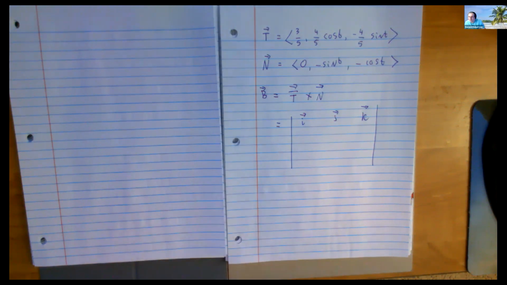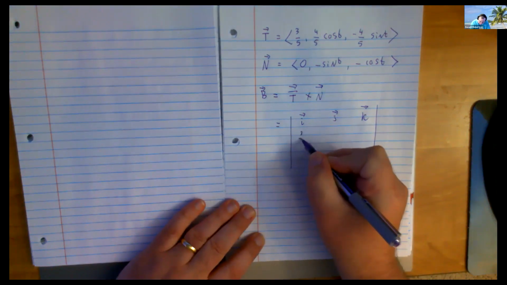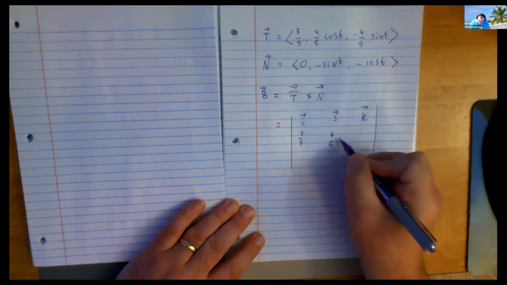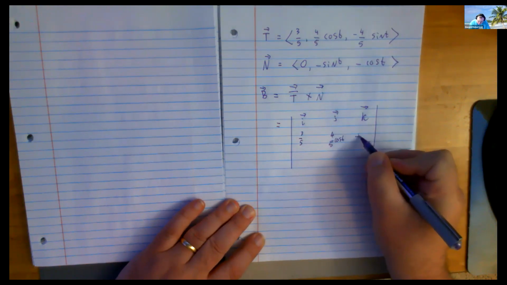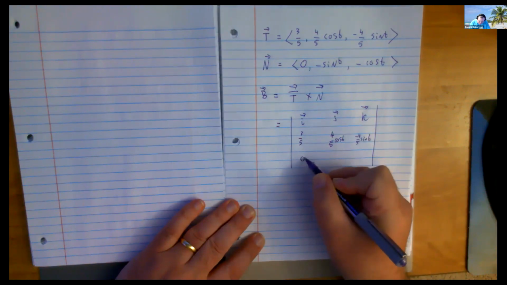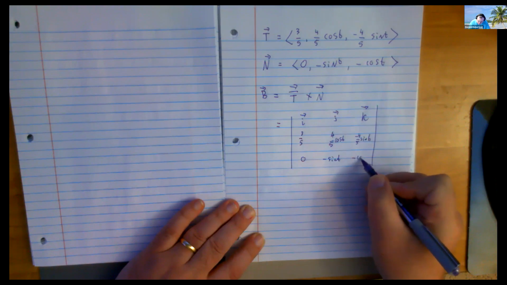It's just like 5 times 7, my times table. It's a lot more complicated than that, but that's what it is. So 3/5, 4/5 cosine t, and negative 4/5 sine t. And then we have 0, negative sine t, and negative cosine t.